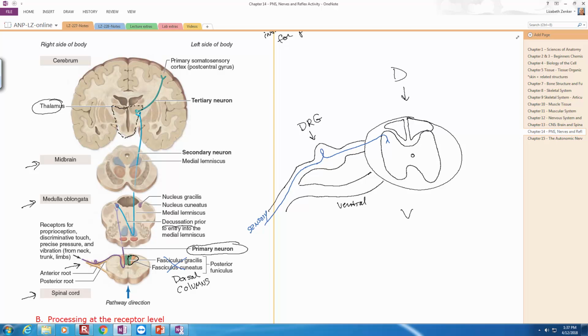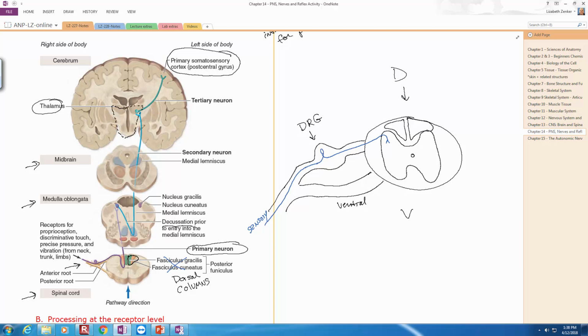They will take the proprioceptive, discriminative touch, vibration, etc., the very specific information. Eventually, it'll come up to our primary somatosensory cortex up here. So if we follow how it gets up there, you have your primary neuron. This picture didn't show him talking to another neuron, but I drew an interneuron before.